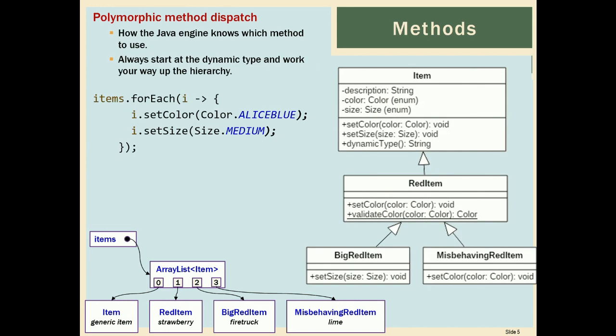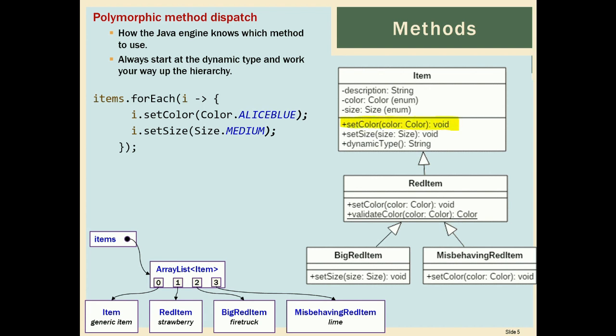Now we'll move on to methods, and we'll discuss a concept called polymorphic method dispatch. Polymorphic method dispatch comes into play whenever there are multiple methods with the same signature in a class inheritance structure. So if we look over on the right, we can see that our item has a setColor method.